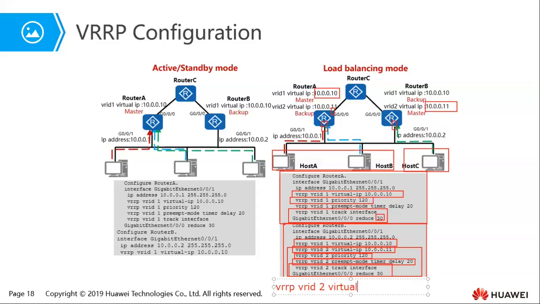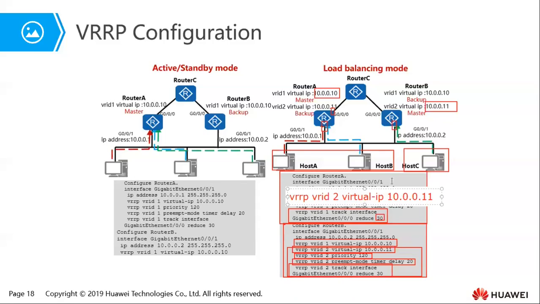Then virtual IP 10.0.0.11. I think this might have been forgotten or was cut out, but you're supposed to configure this on this interface, so that it can be the backup for group 2.